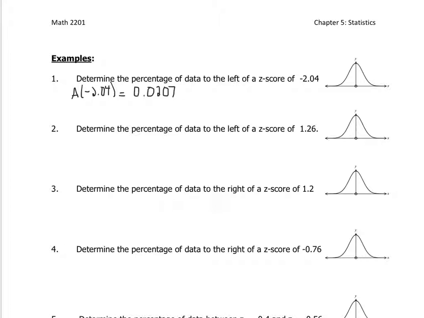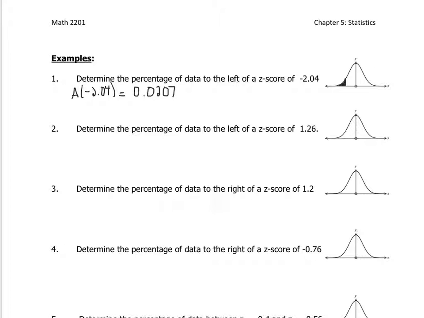Looking at the normal curve, negative 2.04 would be somewhere around here, to the left of the mean and low on the lower end, because it's a little bit more than 2 standard deviations below the mean. This decimal represents the area under the curve to the left of that z-score value.